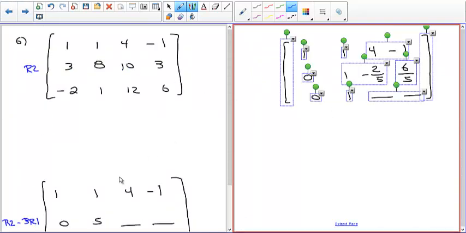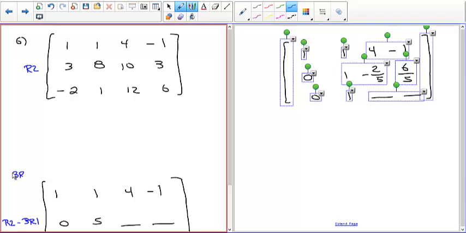Okay, so I'm going to do the same thing. I'm going to take 3 times row 1, put it right above here. So 1 times 3 is 3, 1 times 3 is 3, 4 times 3 is 12, negative 1 times 3 is negative 3. So this row is just a multiple of that row. If you take any equation and you have a common factor, you can always simplify it by dividing by that common factor.